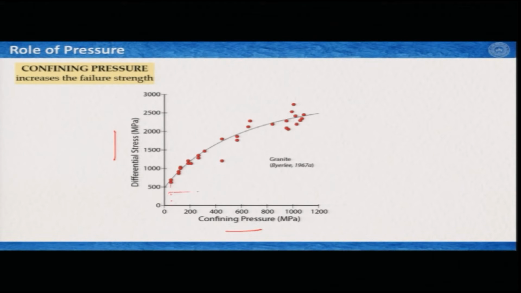So, in this wide range of experiments we see the strength of the granite that Byerlee has used increased, and it increased non-linearly. So, the strength increase is not linear with confining pressure.